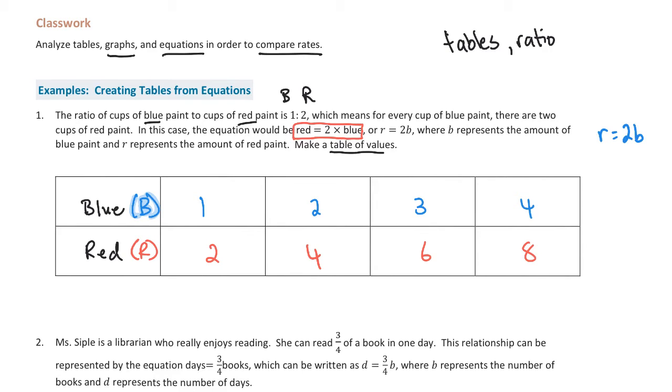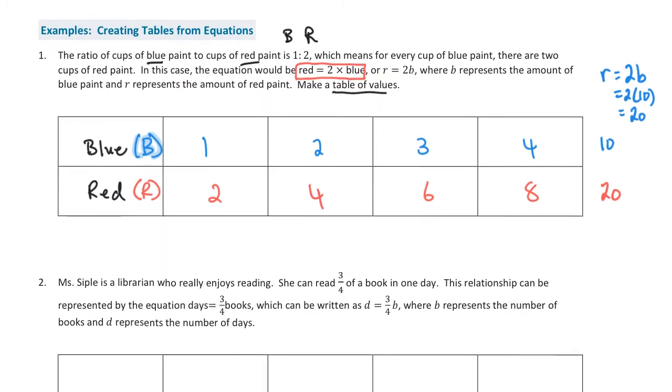If I wanted to say, well, what happens if I have, say 10 blue balls, then I can just take 2, multiply it by 10, and that's going to tell me the number of red. So red is going to be 20. Okay? So that's the good thing about an equation. That's why we like equations, because once we generate an equation, we can apply the ratio to any number that we can think of that fits the situation we're dealing with.